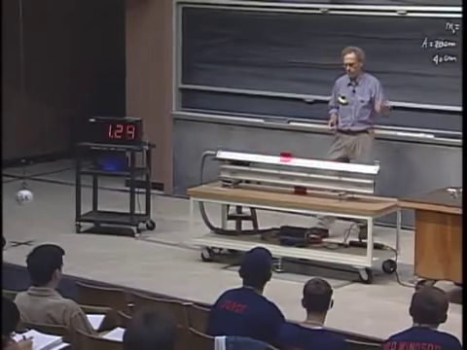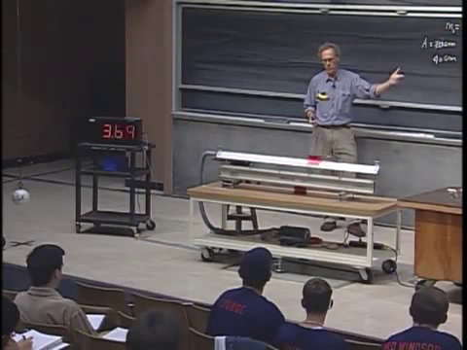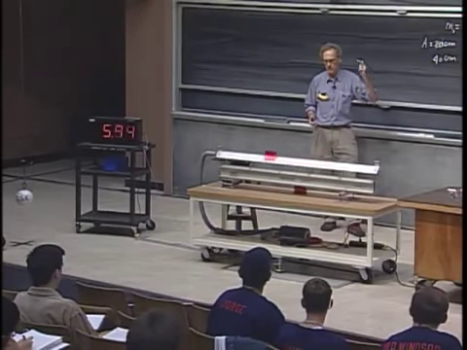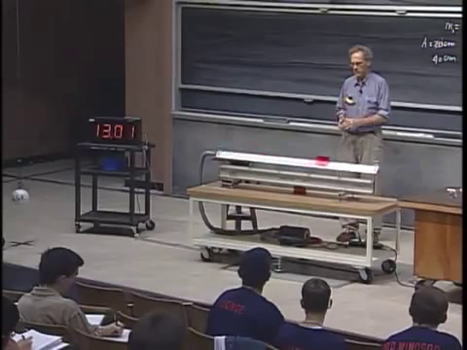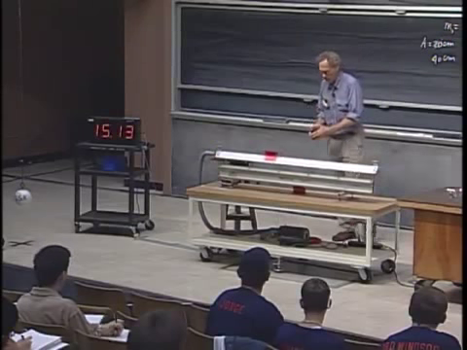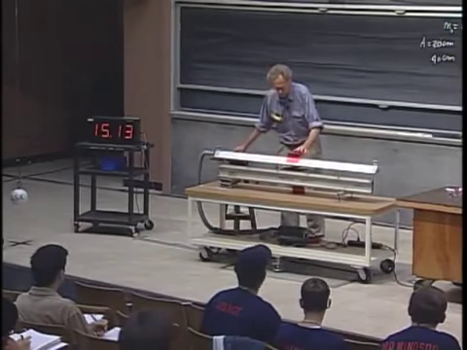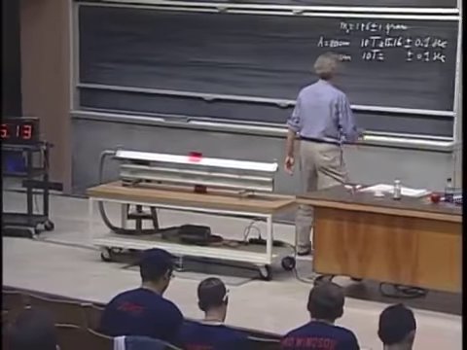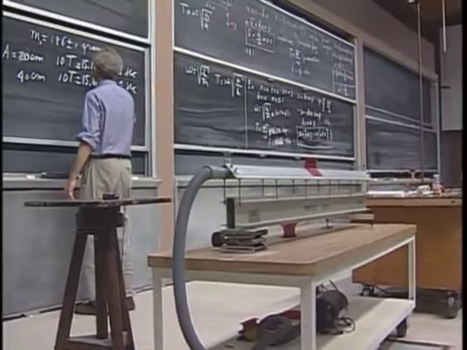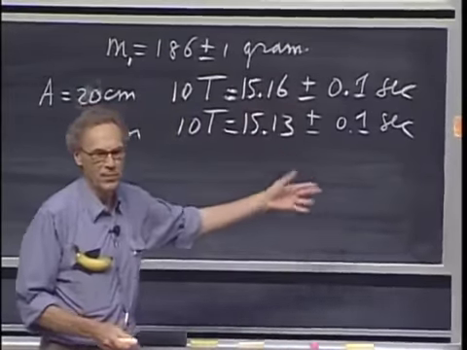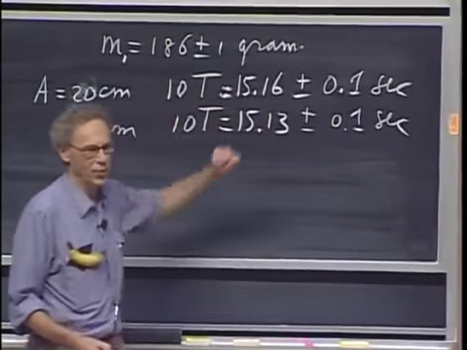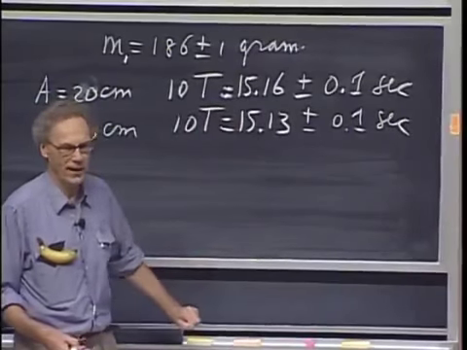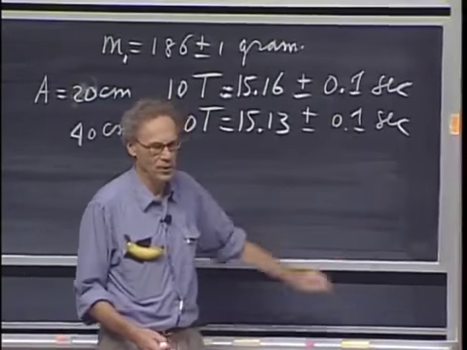Now, 1, 2, 3, 4, 5, 6, 7, 8, 9, 10. 15.13. Fantastic agreement within the uncertainty of my measurements. In fact, they are within 3/100ths of a second. Of course, if you try it many times, you won't always get that close, because my reaction time is really not much better than 1/10 of a second.